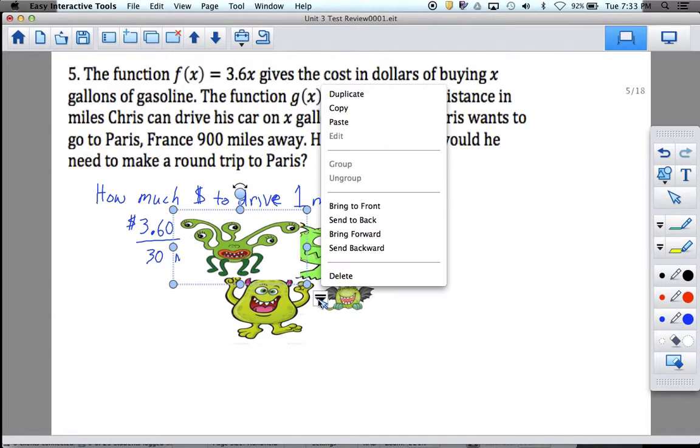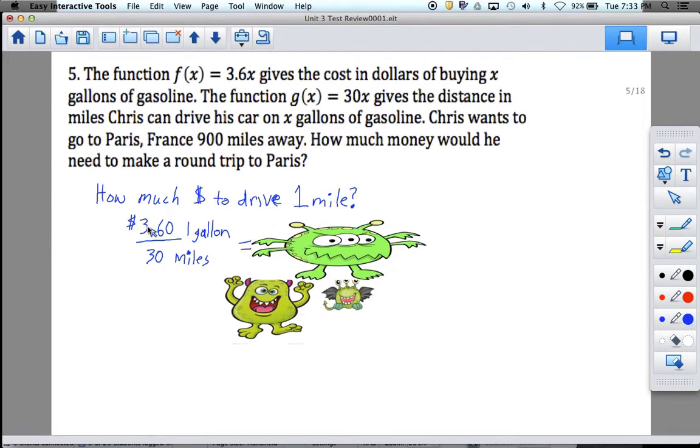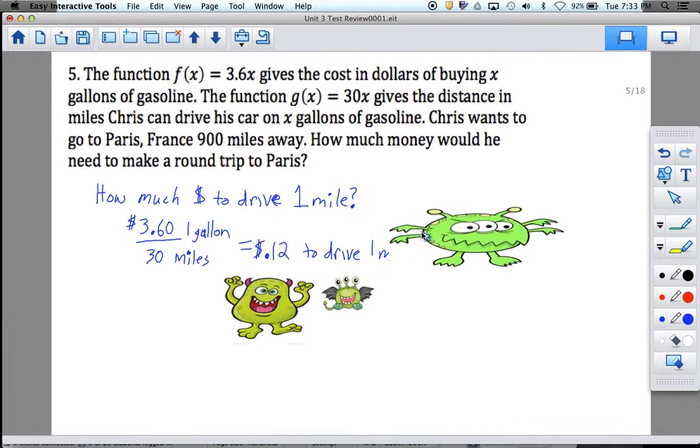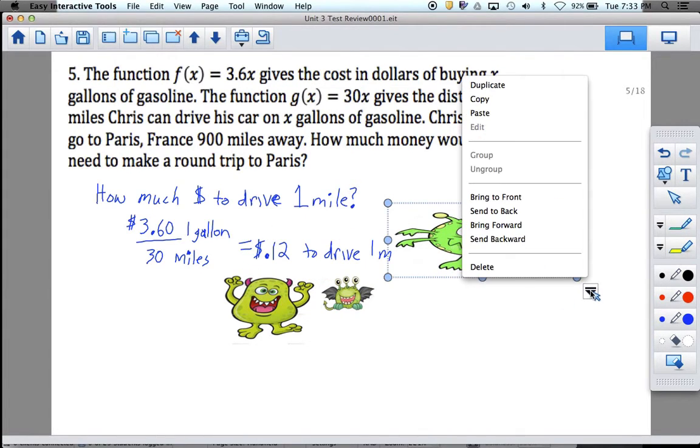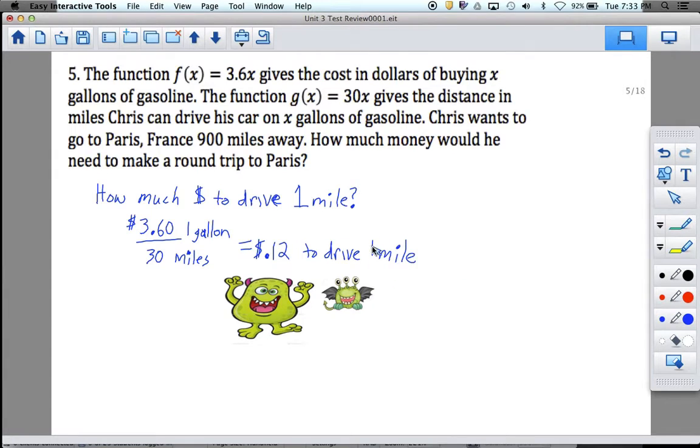If you want to know the money per 1 mile, then you set up the equation like this, $3.60 divided by the 30 miles. So essentially what you're doing is you're taking the F equation and dividing it by the G equation. When you do that, you get 12 cents. So it'll cost 12 cents to drive 1 mile.